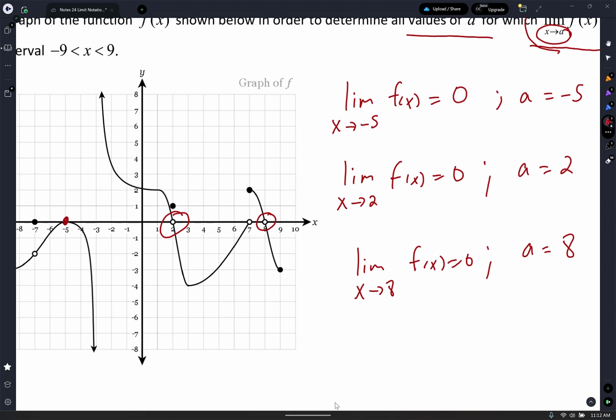I do not use 7 because that one only works if you approach from one direction.